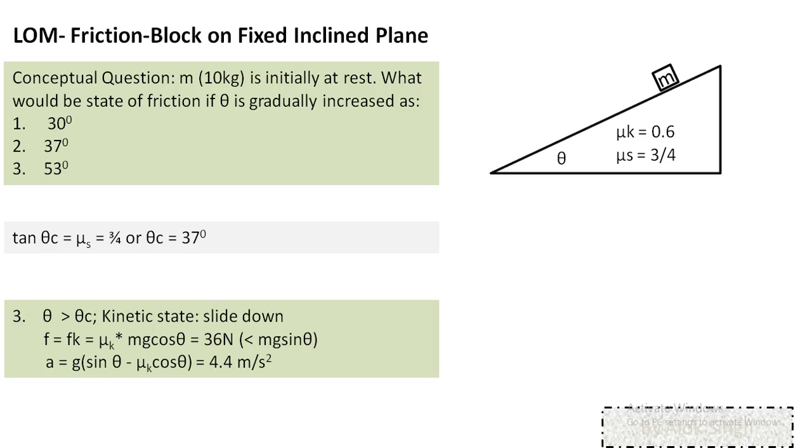The friction force acting is kinetic friction, which is the coefficient of kinetic friction times the normal reaction, mg cos theta. If you substitute these values, it comes to 36 Newton, which is less than mg sin theta. That's why there's a net unbalanced force. What is the acceleration? Acceleration is equal to g times (sin theta minus mu k cos theta), which comes to 4.4 meter per second square.